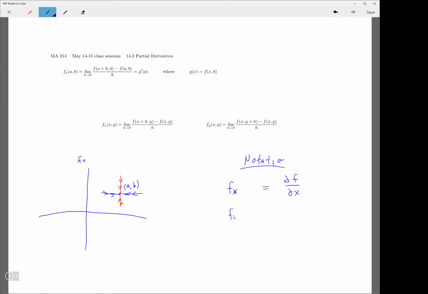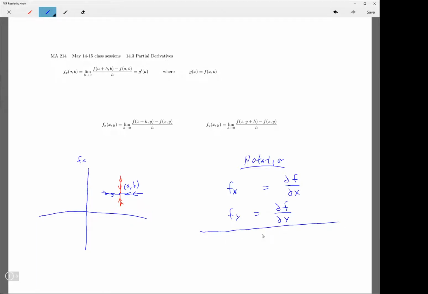And then f sub y is another way to write that one. So you'll see both sets of notation. Right now it's probably more f sub x, but you're probably going to see both of them about the same number of times.